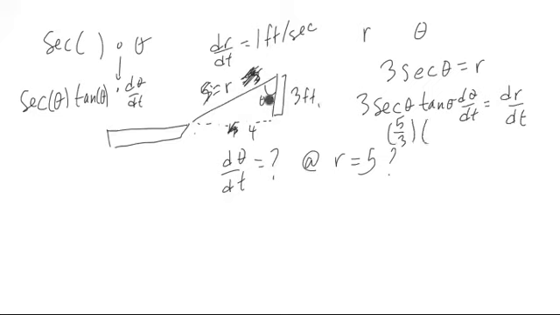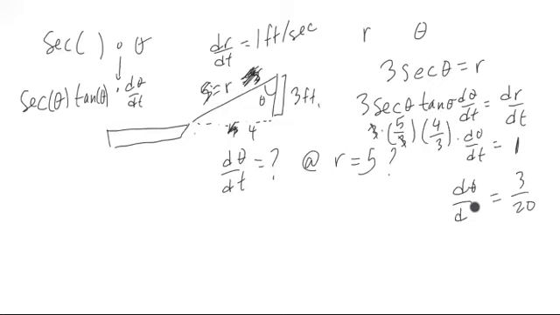The tangent should be 4/3, and we have a 3 there. And we are interested to know what d theta dt is, and dr dt we're given to be just 1. Okay, so we cancel that out. We get 20/3 times that. Take a reciprocal and multiply over. It'd be 3/20 is equal to d theta dt.